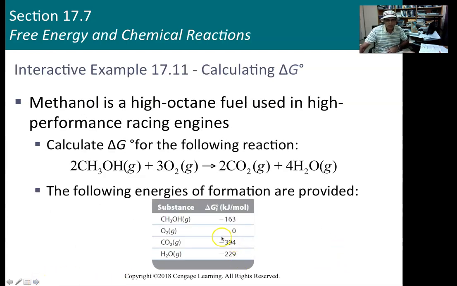So here's an example. These are the standard free energy changes of formation of each of these compounds: methanol, oxygen, carbon dioxide, and water. You can see that for a pure element it is 0.